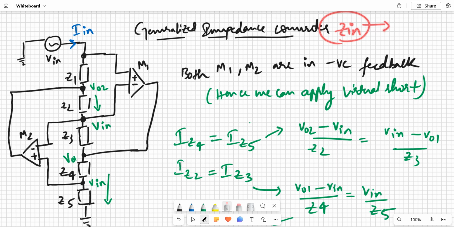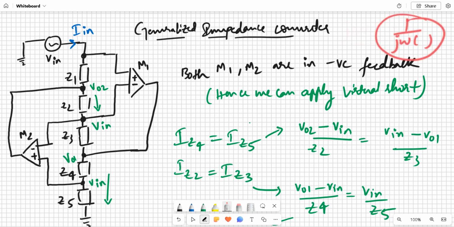If it comes in the form of resistances, it acts like a resistance. If it comes in the form of j omega times some value, it behaves like an inductor. If it comes like 1 by j omega something, it behaves like a capacitor. Apart from these two, we can simulate second order impedances also, but that will be a bit deviating from the concept. Let's focus on analyzing it.